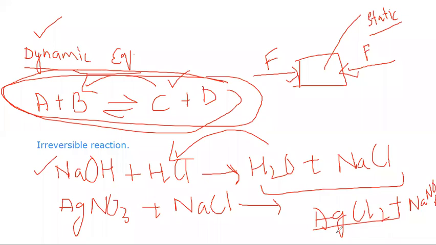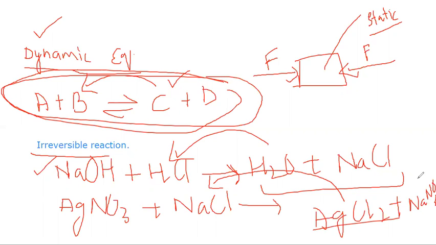So this is the precipitate. You cannot convert back these precipitates into their reactants. This is also an example of irreversible reaction. In irreversible reactions, products do not reverse back, or their movement towards backward is very negligible. That's why we are saying these reactions are irreversible reactions.